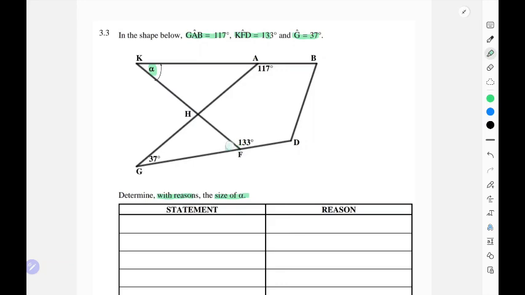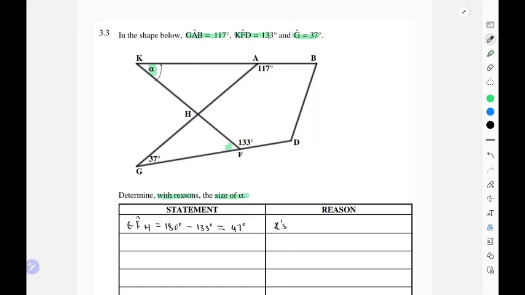So we're going to find angle GFH. So we can say angle GFH is equal to 180 degrees minus 133 degrees, which is equal to 47 degrees.